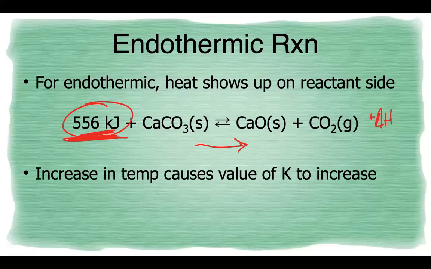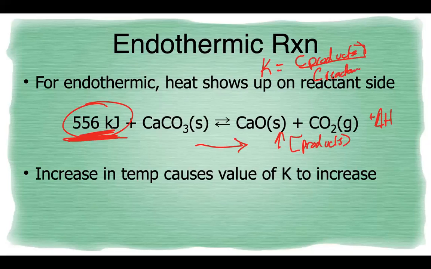We're going to increase the concentration of our products. And remember, equilibrium is equal to products over reactants. So if we increase our products, it means we're increasing our value in the numerator, which means the value of K will increase.